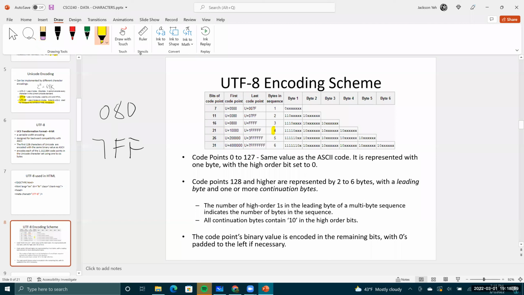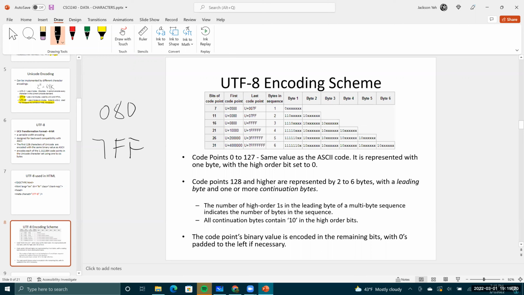And once you know how many bytes there are, then comes the fun part where you get to fit it into this template, or these templates. Every UTF-8 character falls into a template of leading and continuation bytes. Let's just start off with 1 byte. This is like a base case.